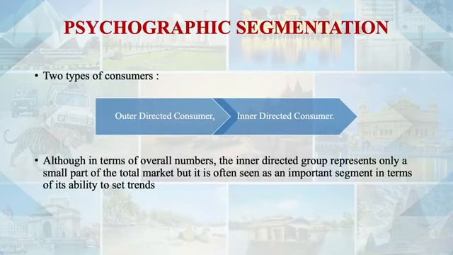The outer directed consumers are the most potential tourists, whereas the inner directed consumers are those people who in their lives place far greater emphasis on their individual needs as opposed to external values. Although in terms of overall number this group represents only a very small part of the total market, they are seen to be an important sector. Why? Because of their ability to set tourism and travel trends.